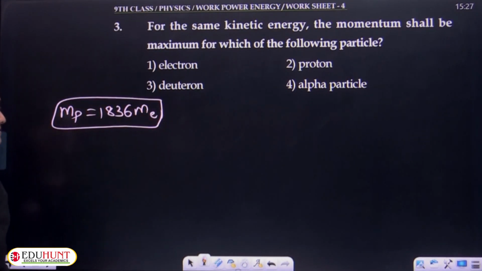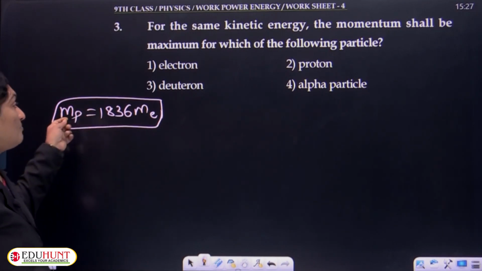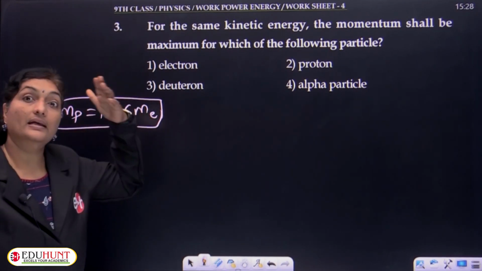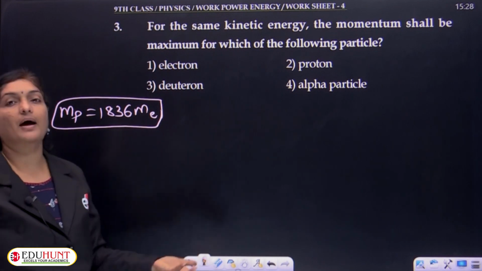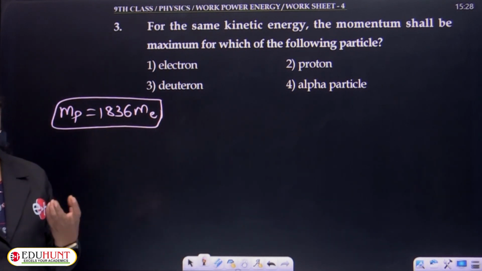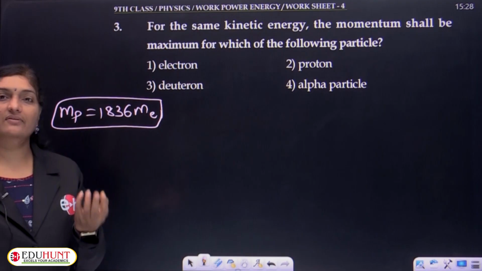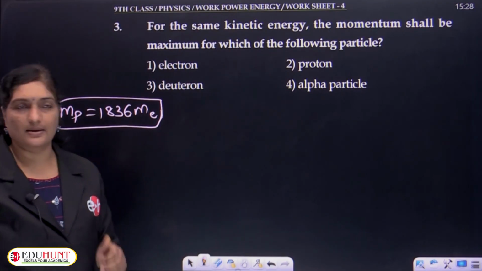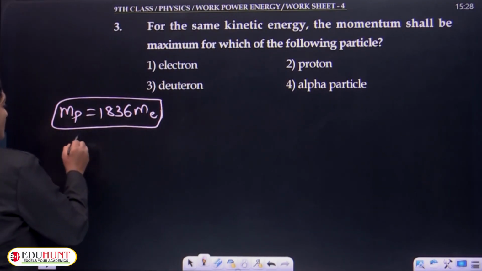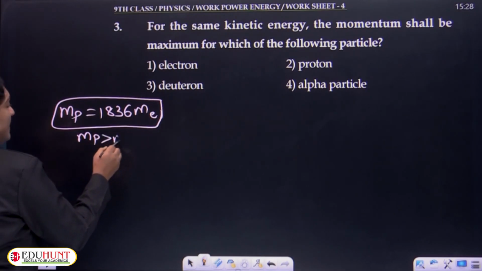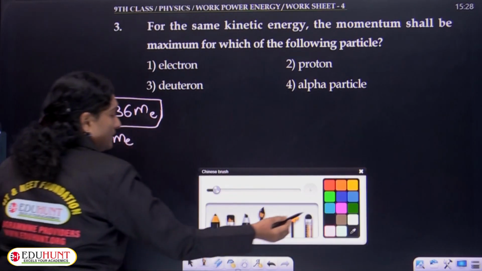So the proton's mass is comparatively large when compared to the mass of electron. So we can conclude that mass of proton is greater than mass of electron.